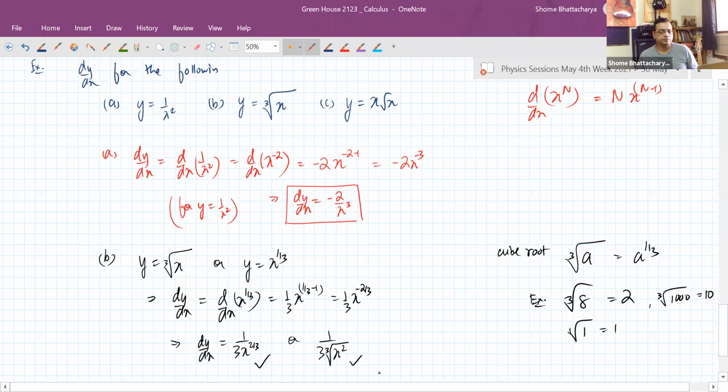Okay. Now the thing is, at JEE level of MCQ questions, you must know how to reduce the answer to some other form. For example, you might have got the answer in this form, but this is not matching any of the options because the option has reduced it to this, or maybe the option is given as this. So all of these are correct answers. They are equivalent to each other. So you must know how to convert one to the other.